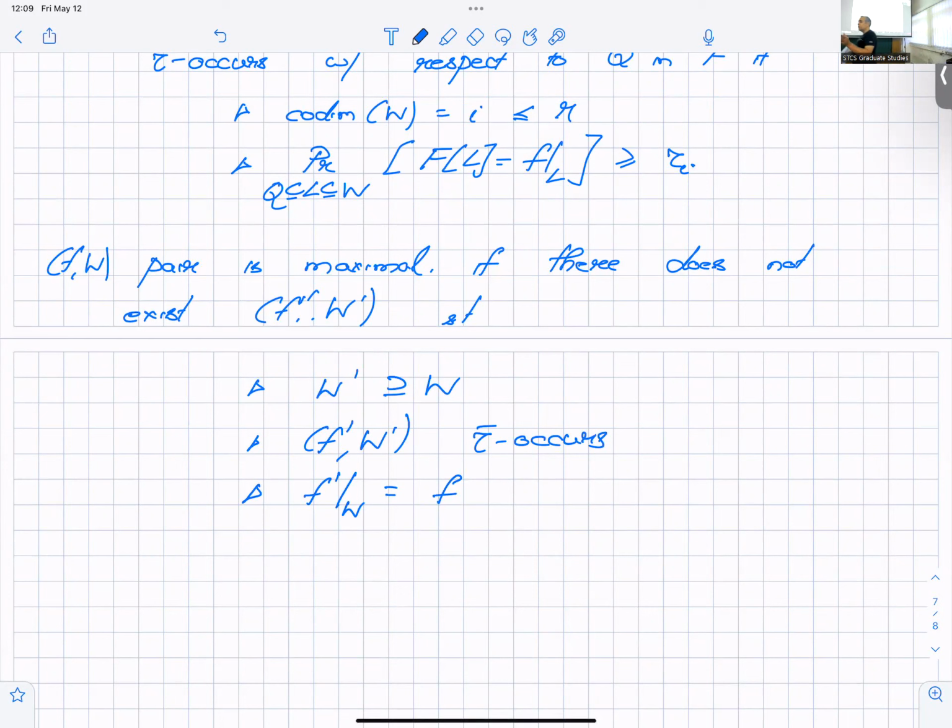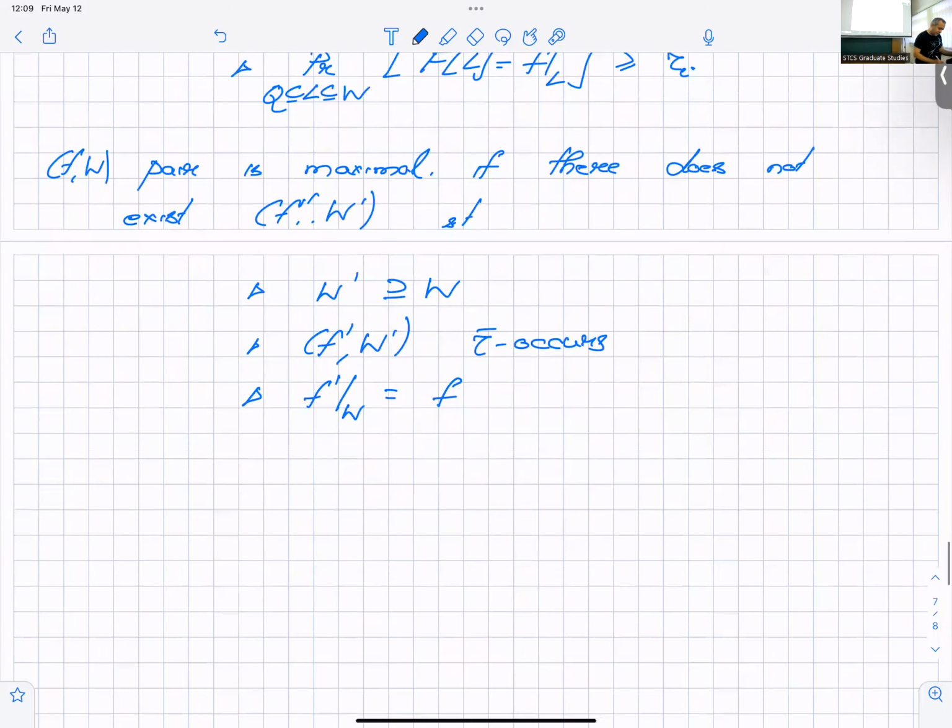So if you give me a particular threshold vector tau, you can talk about a maximal object. And so we define this list, the tau prime list of Q of F, as basically the pairs (F, W) such that (F, W) is maximal.